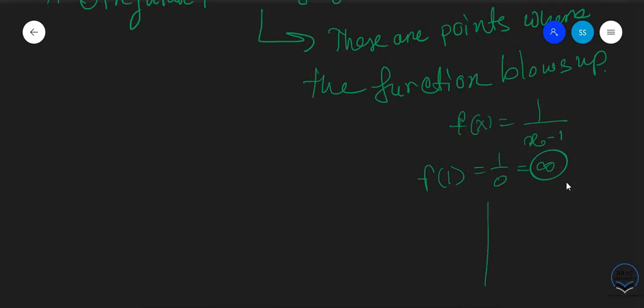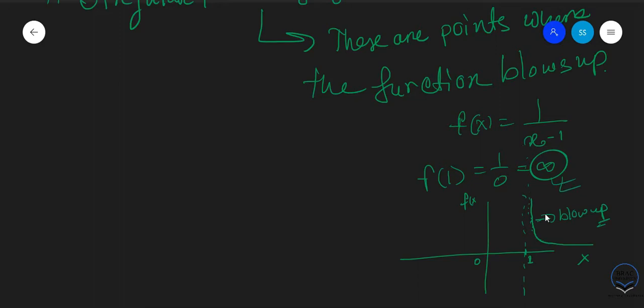A very schematic graph will look something like this. If this is the origin, this is point 1, and this is how the function's curve should look, if I'm not mistaken. As you can see, if you approach 1, the value of the function is getting higher and higher and higher. So that's what we mean by blow up. It blows up. Nobody knows what happens.